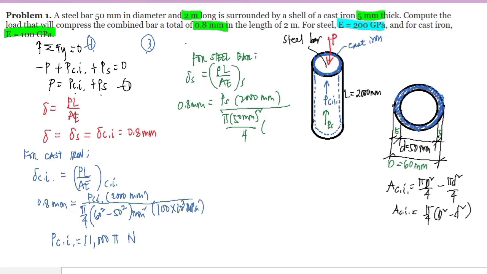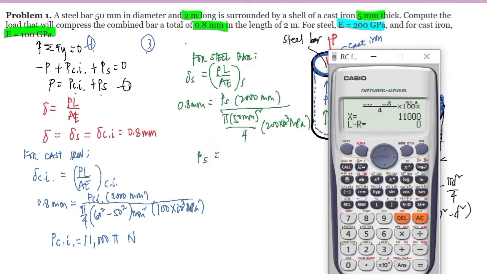So we have here 200 times 10 to the 3 megapascal. So solving for the force resisted by the steel bar, we have 0.8 is equal to x multiplied by the length, which is 2000 over, hindi na natin isasama si pi, so that is 50 square over 4 multiplied by the modulus of elasticity, which is 200 times 10 to the 3.